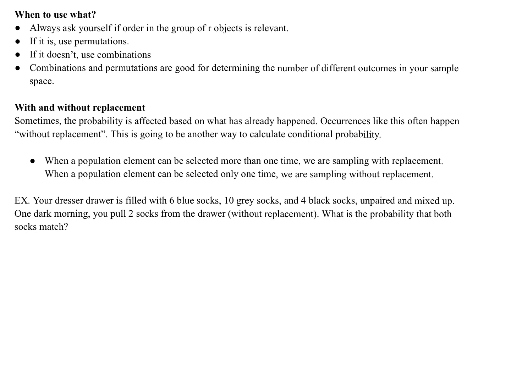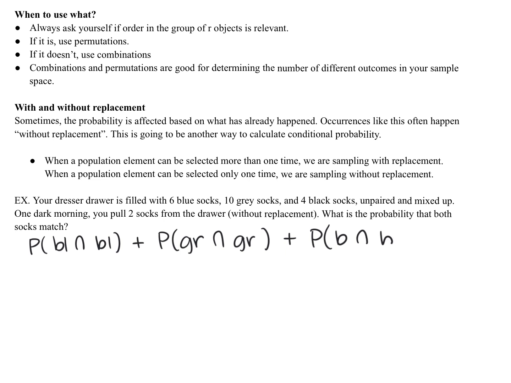So there are 3 different occurrences for when the socks can match. It could be the probability you have a blue sock and a blue sock. It could be the probability you get a gray sock and a gray sock. Or it could be the probability you get a black sock and a black sock.